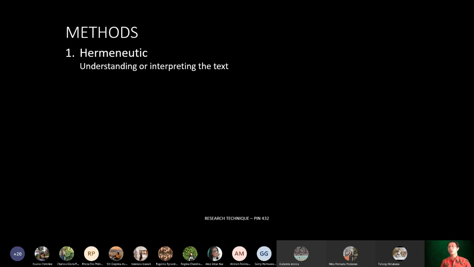That's why this hermeneutic approach is big in church circles or in the history of church. Basically, all works in literary criticism need hermeneutic as a method. Hermeneutic, by this I mean understanding or interpreting or explaining the meaning of things.